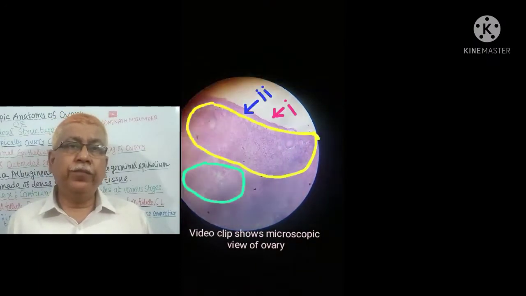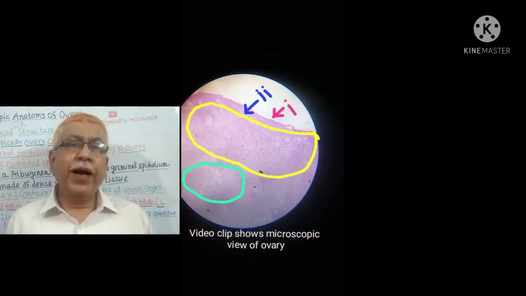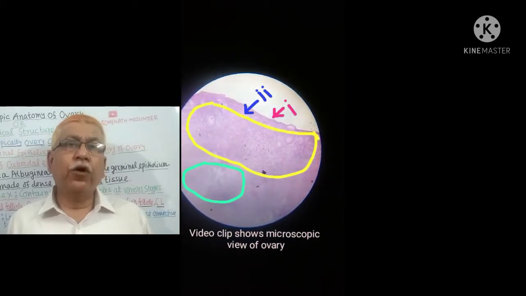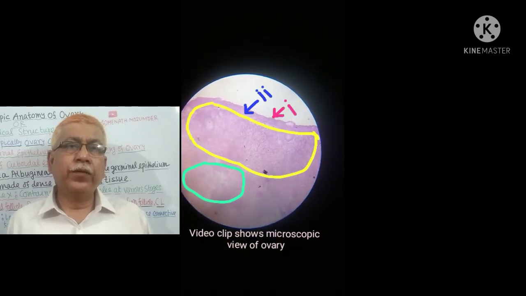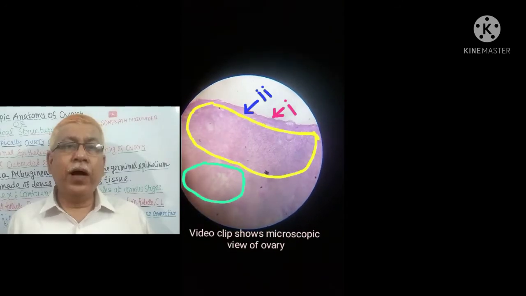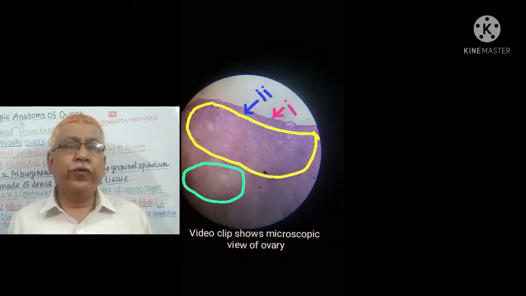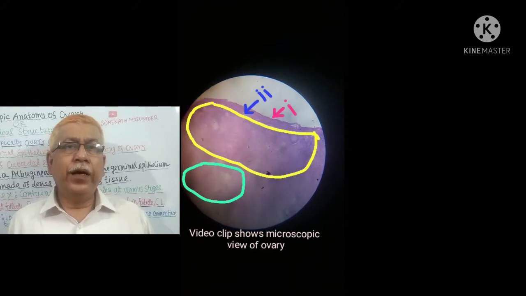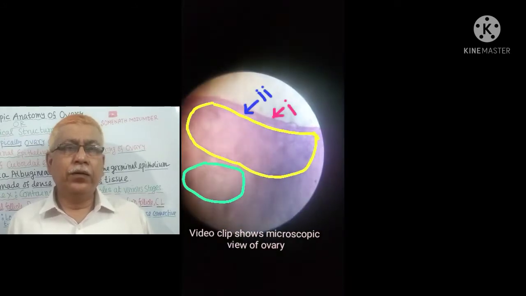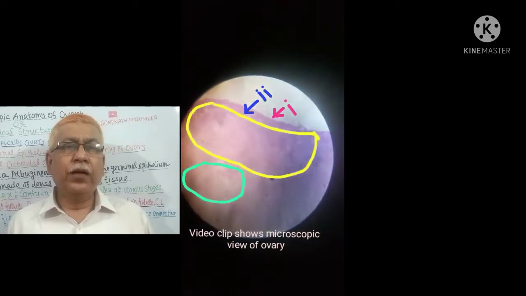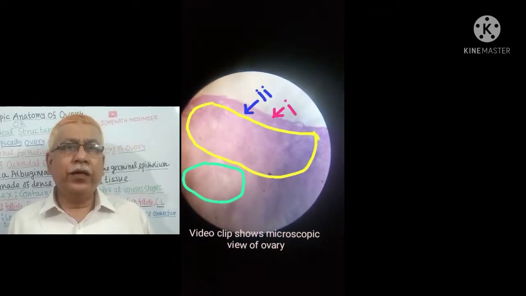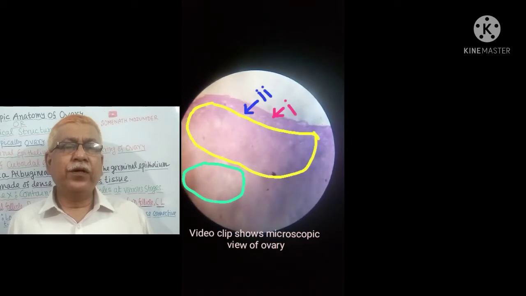This video clip shows the microscopic view of TS of ovary. Here germinal epithelium is denoted by Roman 1, Tunica albuginea is denoted by Roman 2, cortex region of the ovary is marked by yellow circle, and medulla of the ovary is marked as green circle.